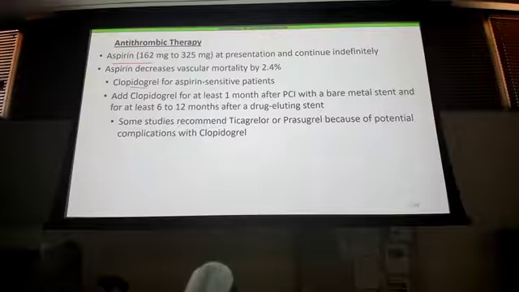If they got the bare metal stent, then you're looking at about 1 month of dual antiplatelet therapies. If they got the drug-eluting stent, they're going to need the much longer version of that, so they're going to need at least 6 to 12 months of being on dual antiplatelet therapies. Once they finish that period of time, then typically we'll stop the clopidogrel and put them on just aspirin daily thereafter.